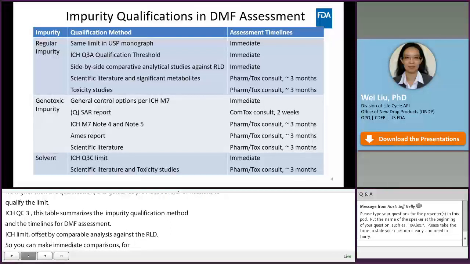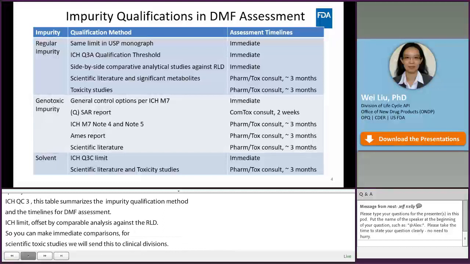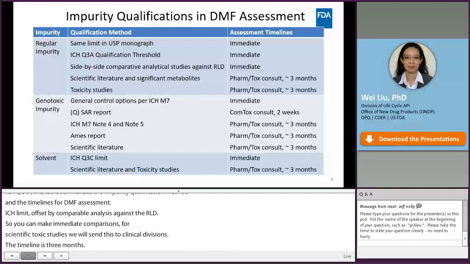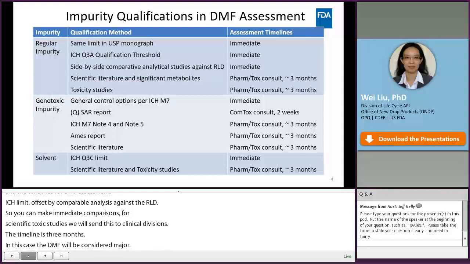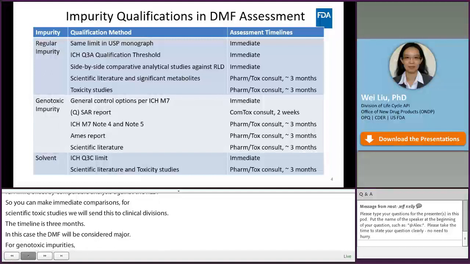For genotoxic impurities, if you choose general control options in Section 8 of ICH-M7, the DMF assessor can make immediate evaluation. For any QSAR report in the submission, we send this as a QSAR consult, and it spans 2 weeks.